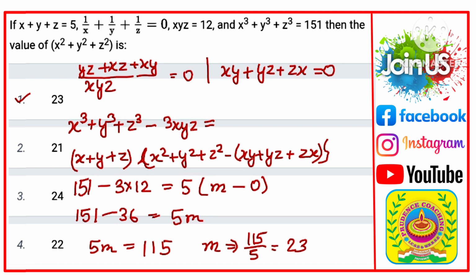Another thing that you should remember: in this particular sum, in CGL you are getting the option as 23. In CHSL you may get this option to be 25.